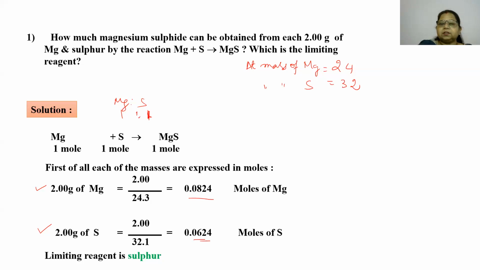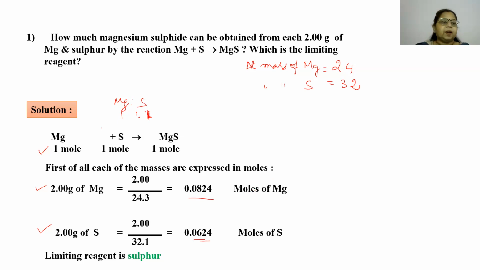So first, one of the targets was to find the limiting reagent, right? For that, I told you to find the number of moles. Since the number of moles of sulfur was less, and according to the balanced chemical reaction, 1 mole each of sulfur and magnesium was reacting, we said that since the amount of moles of sulfur is less, it will be the limiting reagent.